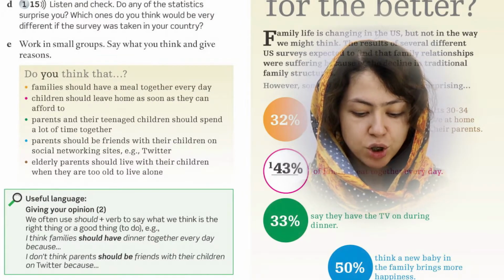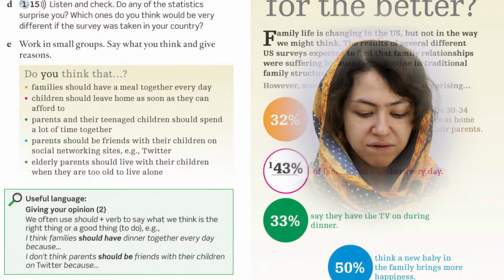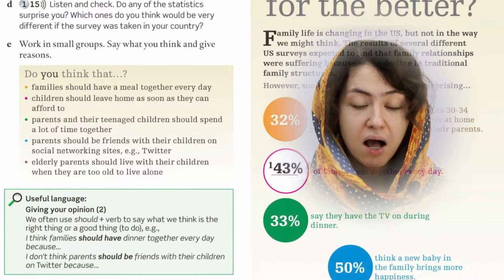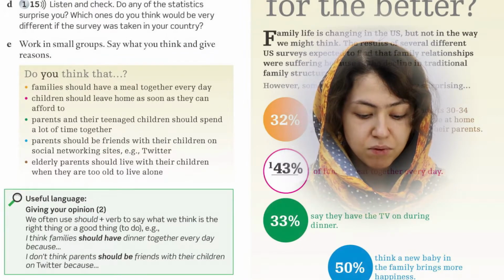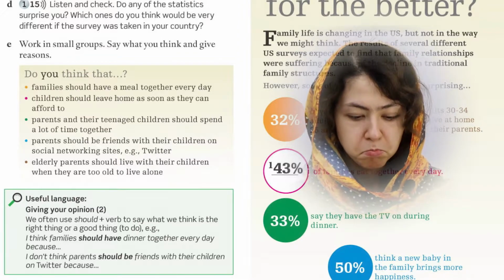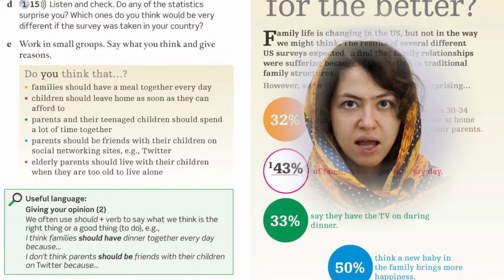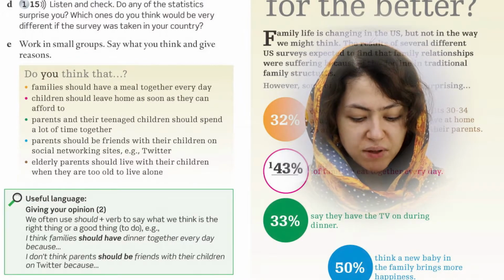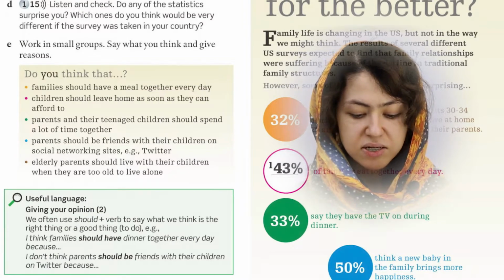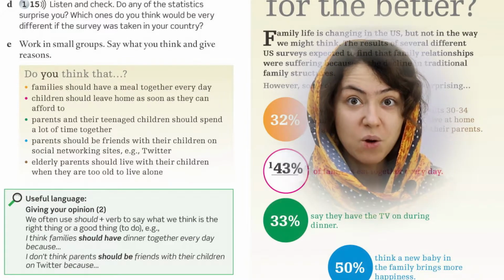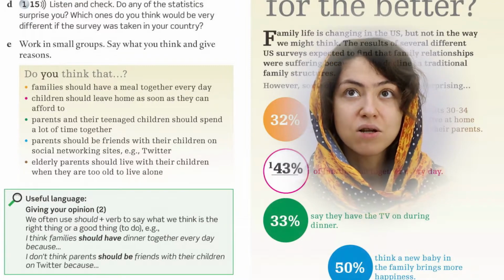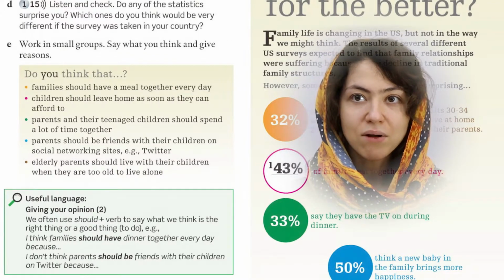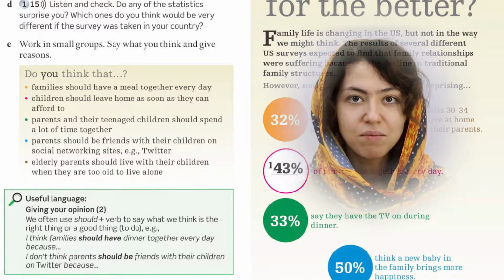Parents and their teenage children should spend a lot of time together. Okay, that's a good point, I guess, but you should just state your opinion about that. Parents should be friends with their children on social networking sites. So, for instance, on Instagram, on Twitter, the parents and their kids can be friends.